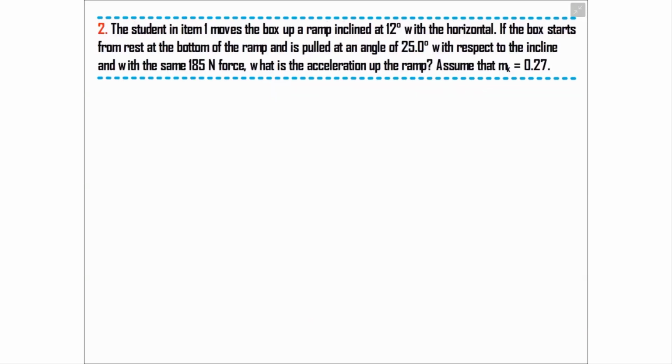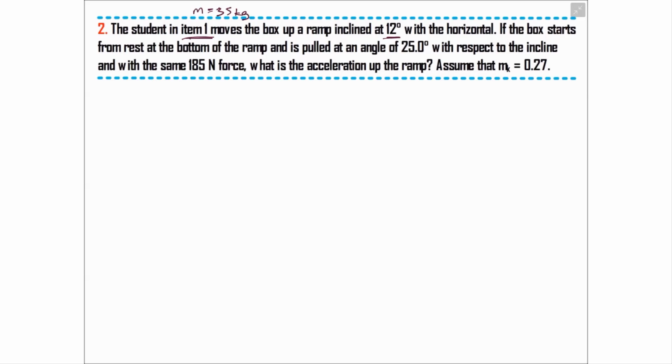In this question, it says the student in item 1, that means the first question, moves the box up a ramp inclined 12 degrees. In the previous question, the mass of the object is 35 kilogram.